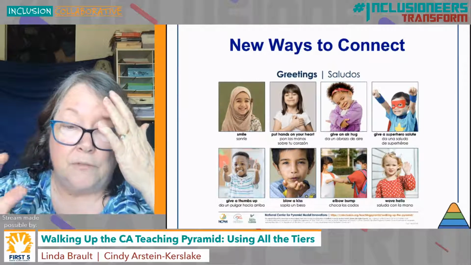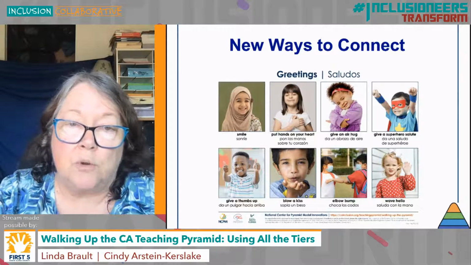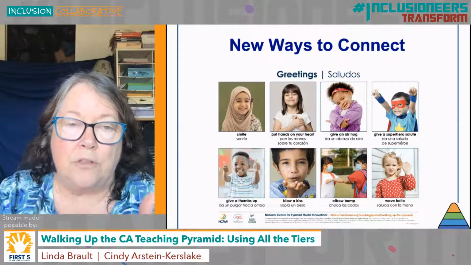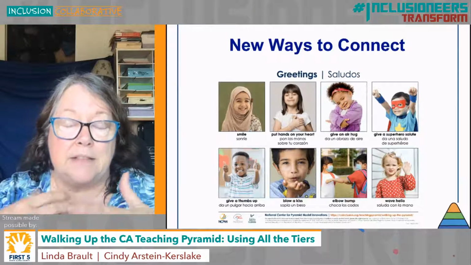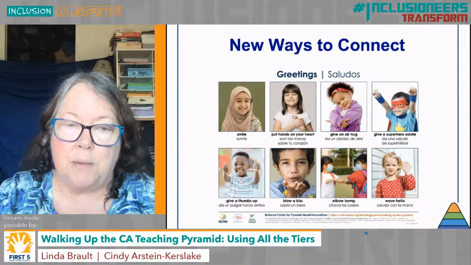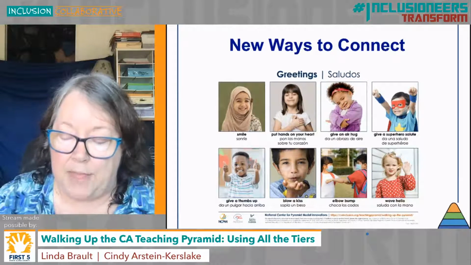So this tool is available that you can download, and you can also create your own and have the kids come up with ways that they want to do that. We also find this helpful sometimes on how do you say goodbye to mom and dad, because that's going to be a quicker transition for most children. And so you might want to give them some options. Like you can wave, they can give a hug for them.